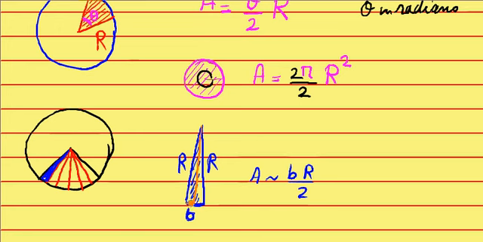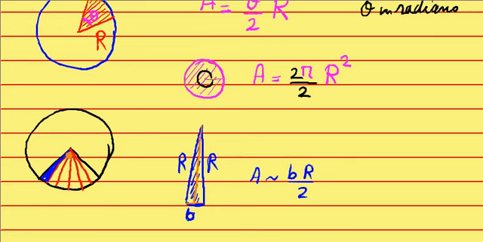That's a formula for a triangle. This is not quite a triangle because we have a little bit of a curvature here, and this height is approximately equal to same as this radius. So I can say the area of this little slice is going to be a base times height, which is same as the radius divided by 2.